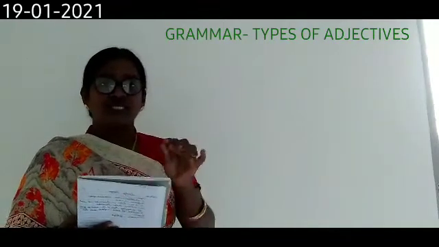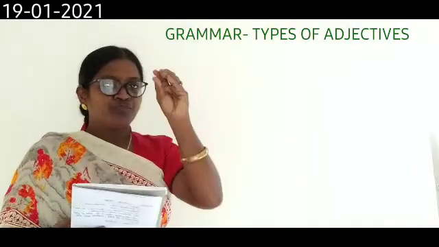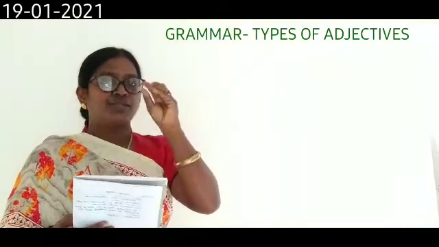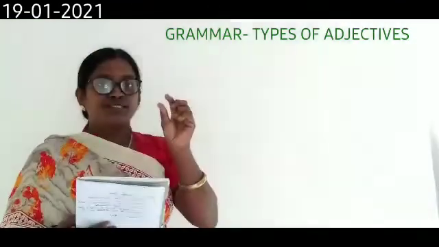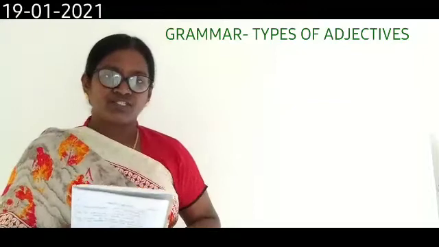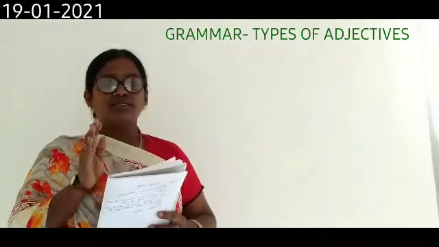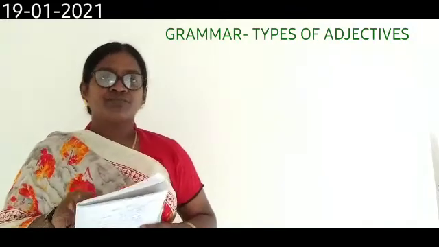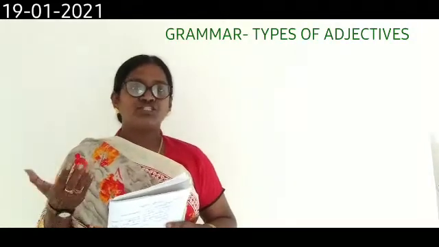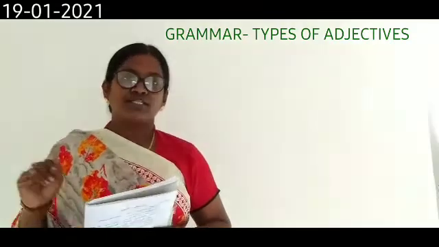Quantitative, quantity. The quantity of a noun or a pronoun can be set using numerals. Okay, it's a quantitative adjective. All quantity, all colors. Even colors also we consider as adjectives. The nature, the attitude, the way it looks, these are all adjectives.